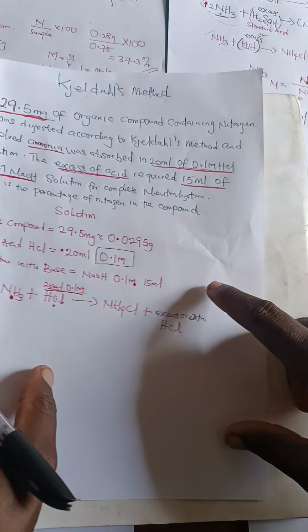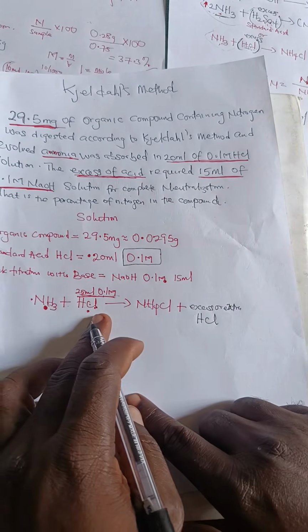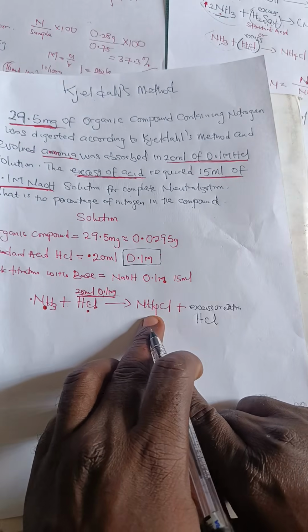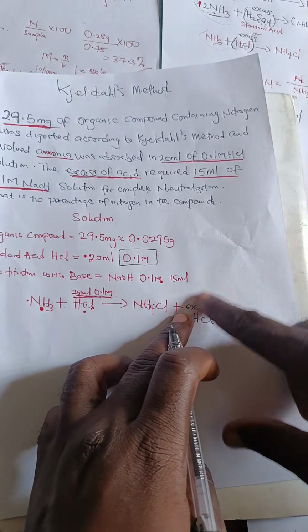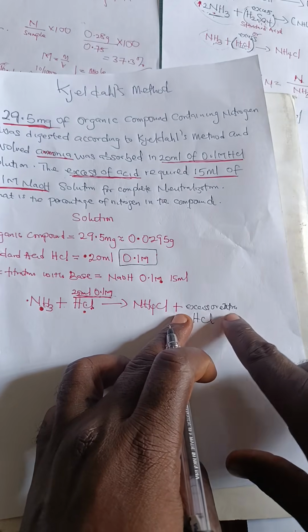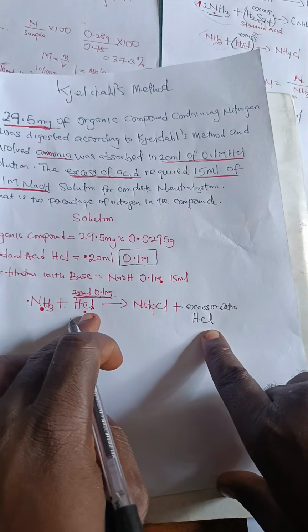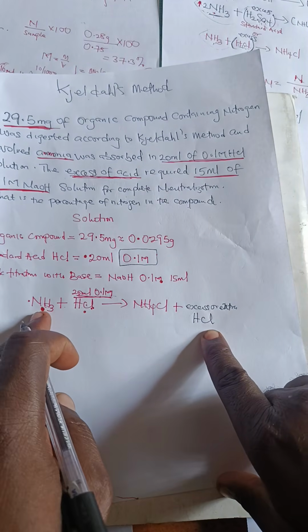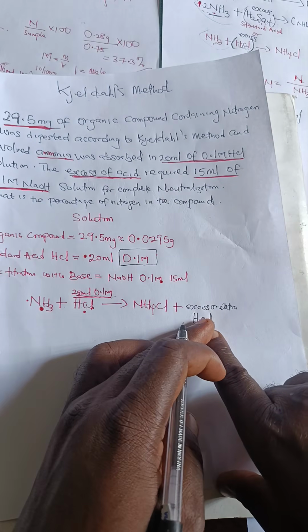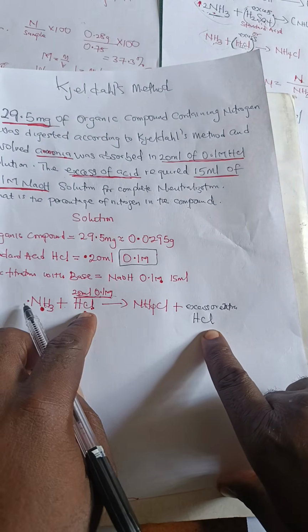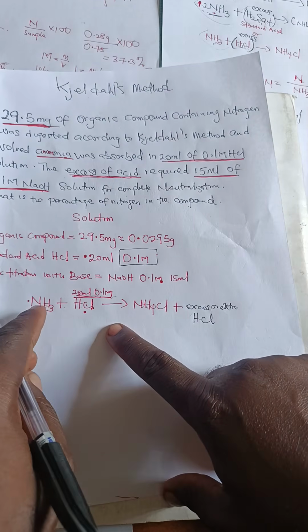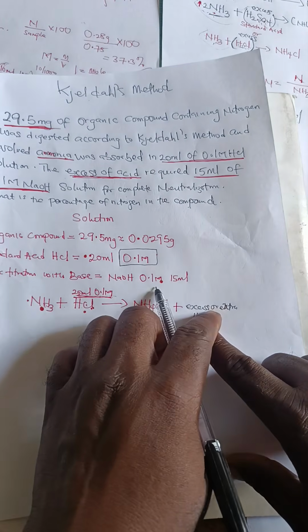That means NH3 plus HCl will not only give us NH4Cl, it should also give NH4Cl plus excess HCl. That means HCl will completely neutralize NH3 and some part of it is still remaining. This was different from the first one. In the first question, the H2SO4 completely neutralized the ammonia without remaining anything.